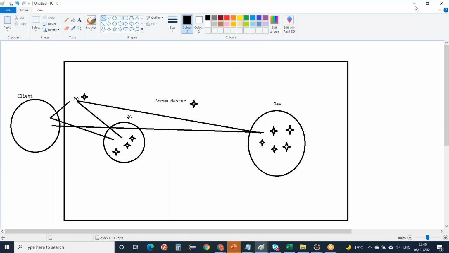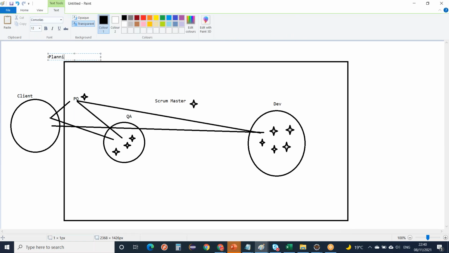So what are the different meetings we have in Agile? Initially, we have a planning meeting. In the planning meeting, we plan all the sprint activities: how many user stories we can finish in that particular sprint, how difficult it is, and how much we will be able to take up.